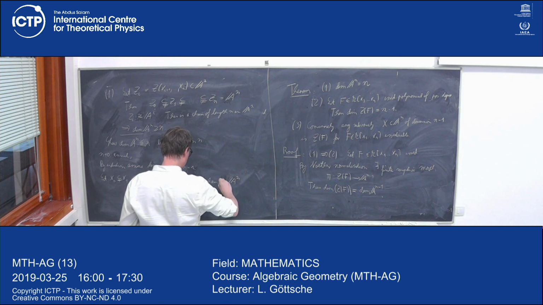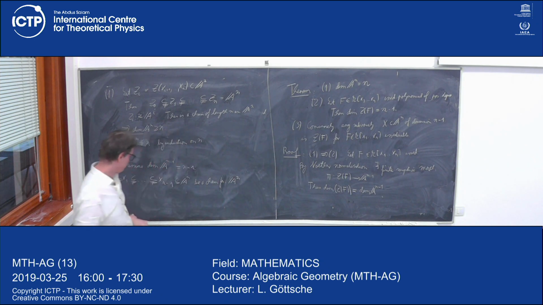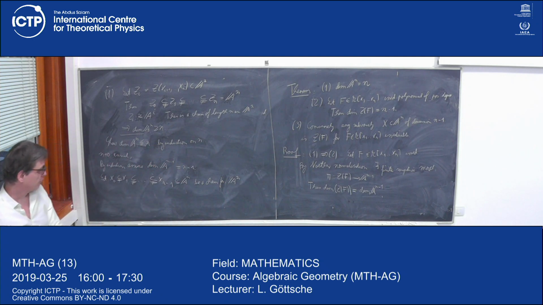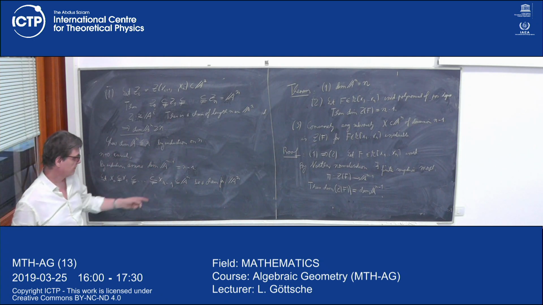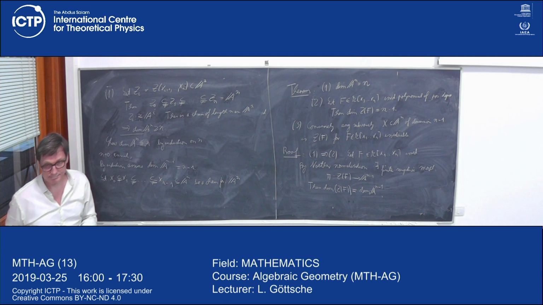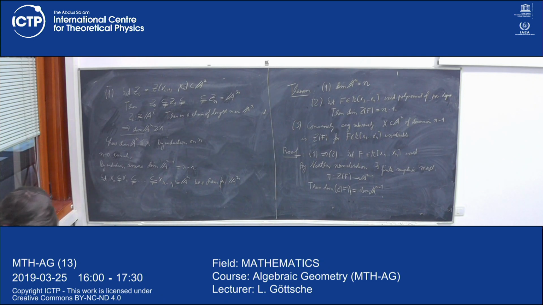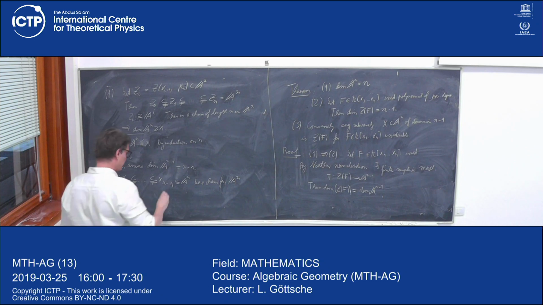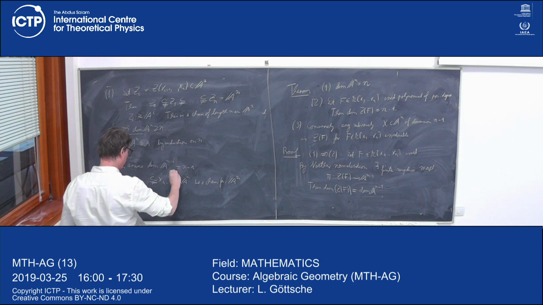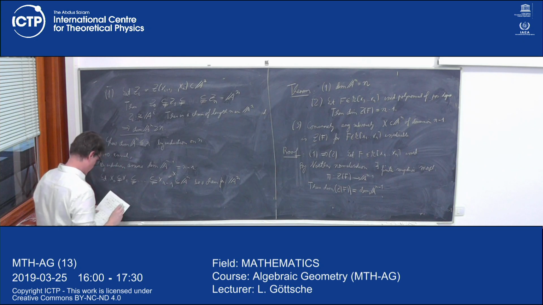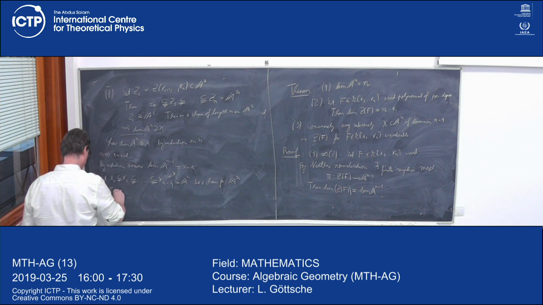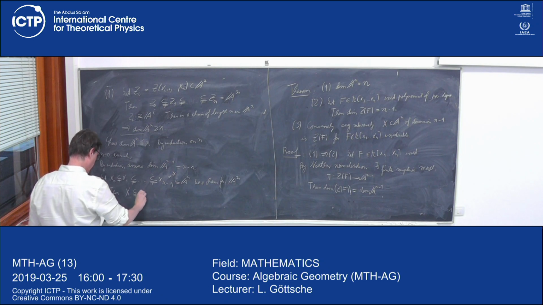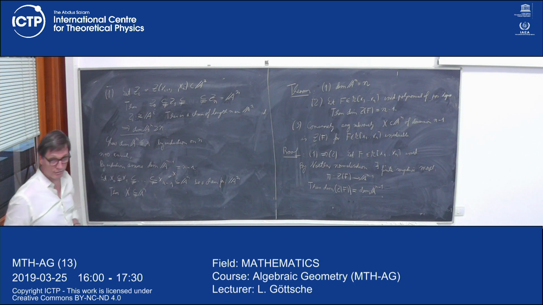So it doesn't have to be maximal, it's just some chain. And we want to show that this k can at most be n. And so this thing I also call X. So then X contained in A^n is an irreducible closed subset.